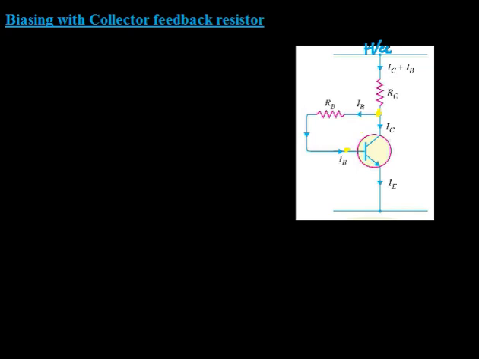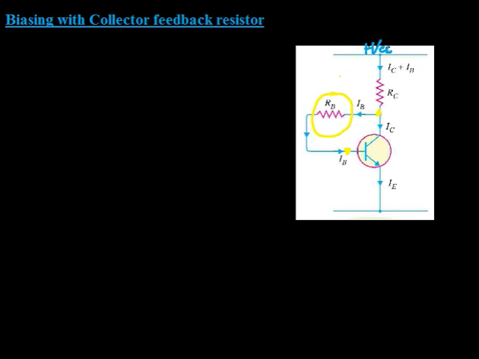Feeding back the output to the input is called feedback. So here the resistance RB acts as a feedback resistor. That's why the name collector feedback is used for this type of transistor biasing.